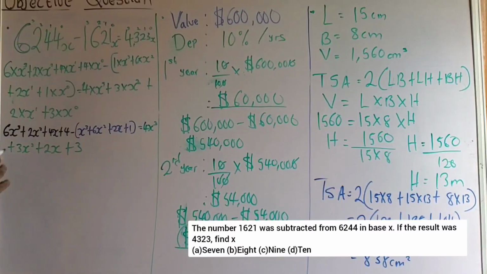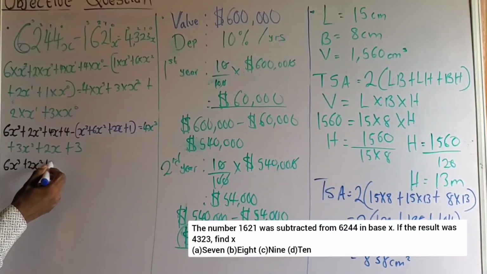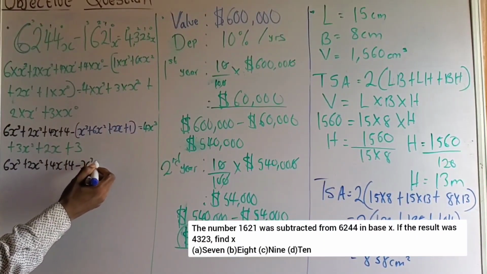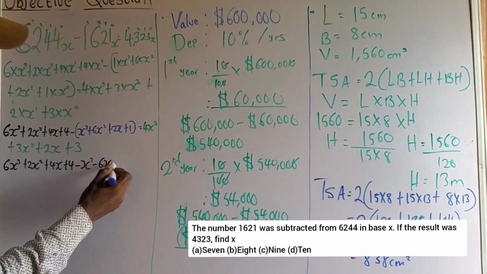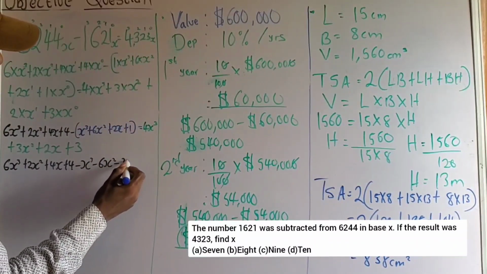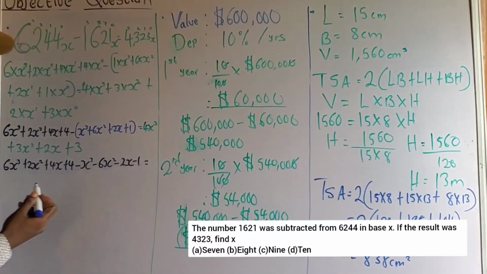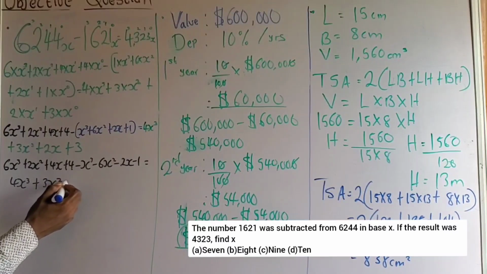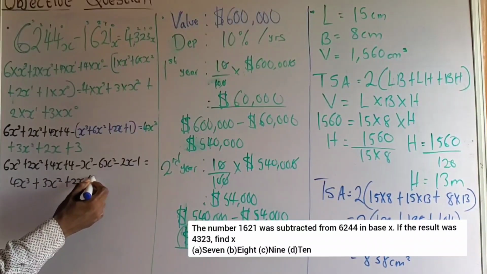Now for the left hand side I'm going to have 6x to the power of 3 plus 2x to the power of 2 plus 4x plus 4 minus x to the power of 3 minus 6x to the power of 2 minus 2x minus 1 equals 4x to the power of 3 plus 3x to the power of 2 plus 2x plus 3.